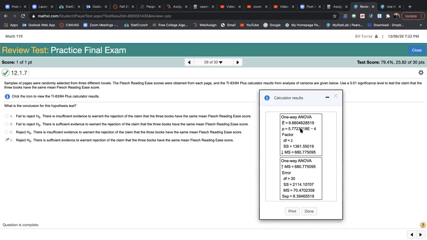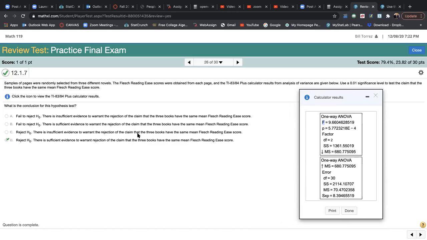It's very close to 10 to the minus 4, all right? And we've got degrees of freedom 2 and 30, all right? So those are the results that are given from the calculation.